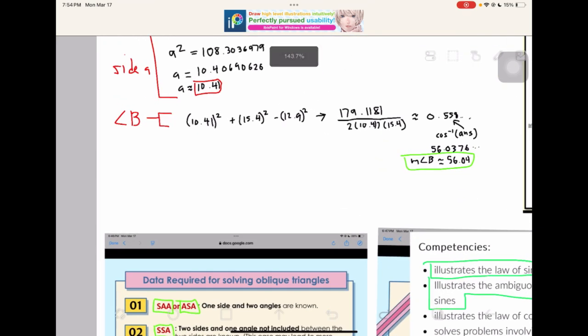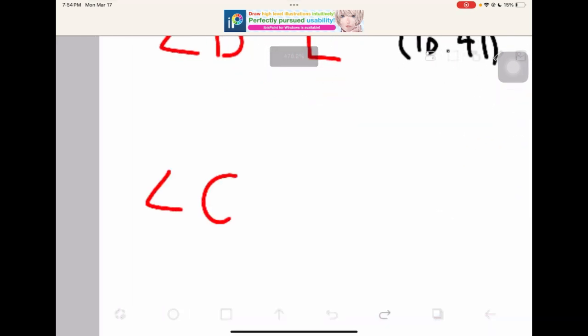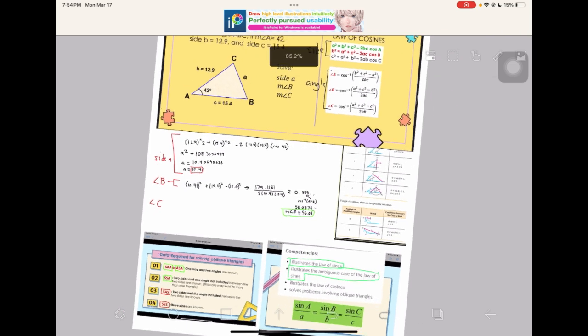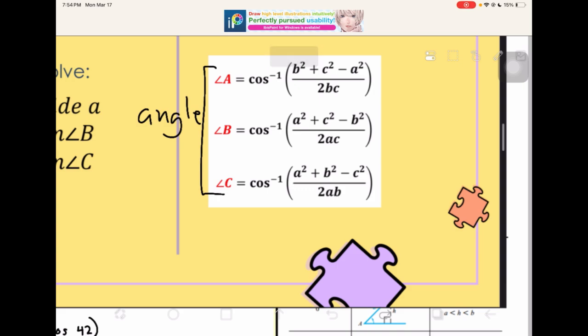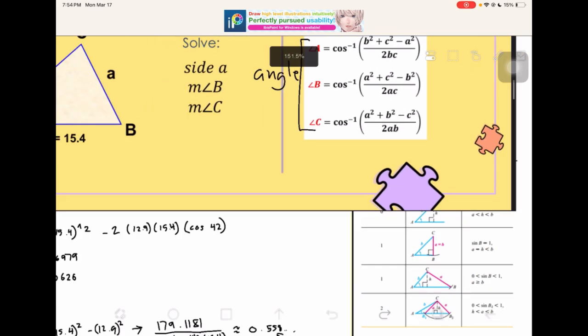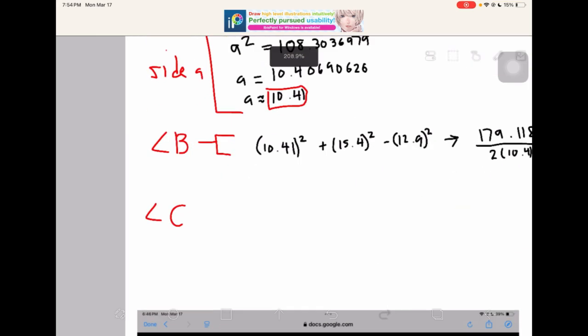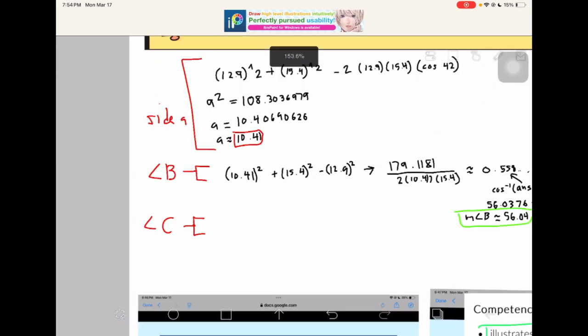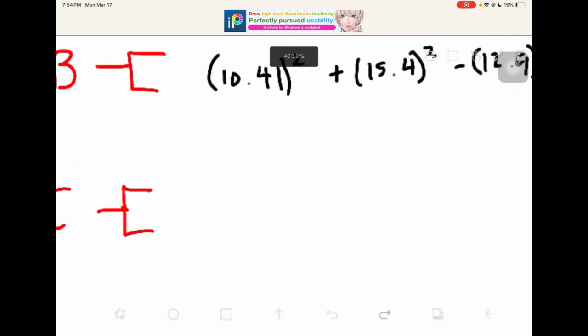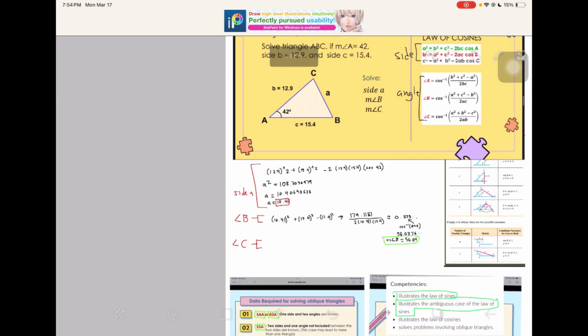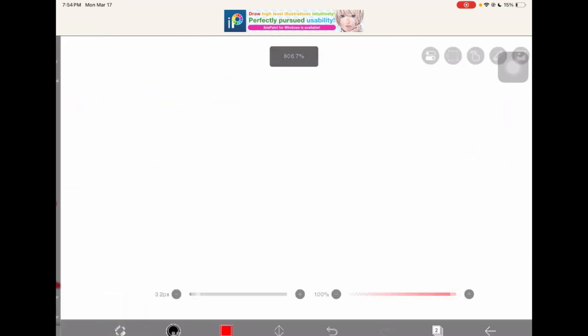Okay, there we go. So time for angle C over here. We're gonna just do the same process again, but just slightly different. So we have angle C over here. So we're just gonna do the same formula, okay? I'm gonna type in almost the same formula. That's gonna be angle C is equal to first A squared plus B squared minus C squared. Okay, perfect, easy.